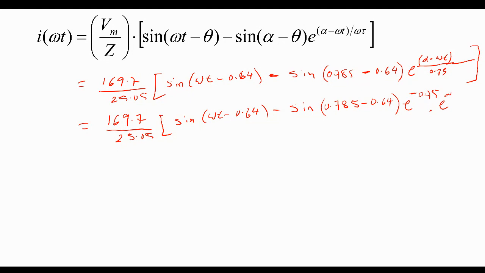All right, so to make this better. I'm just checking. Yeah, e to the negative 1 over 0.75 instead of 0.75. E to the what? 1 over 0.75.